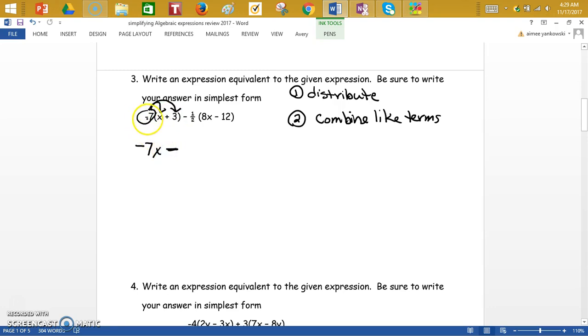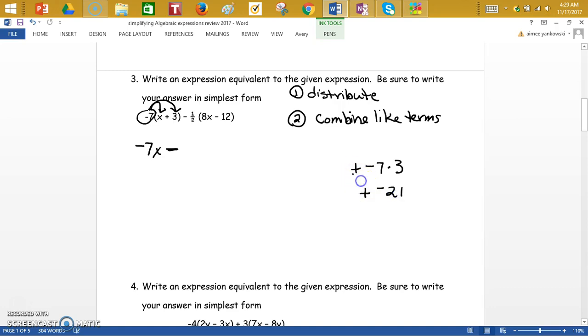Some of you say, I'd rather write that as plus a negative 7 times 3. I have no issue with that. Off to the side, if you kept your plus sign and did negative 7 times 3, well, negative times a positive is a negative, so that would be negative 21.